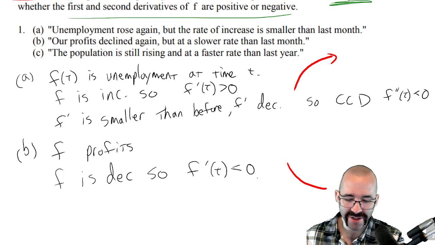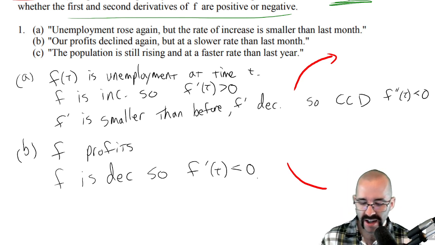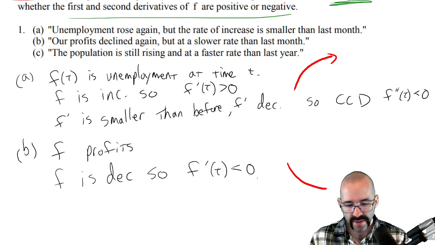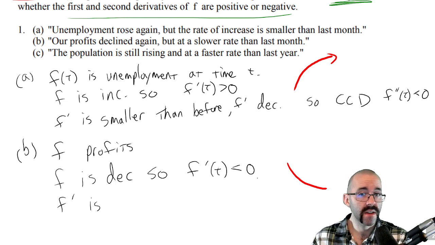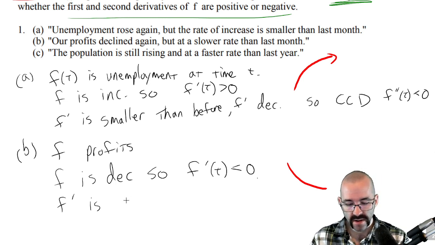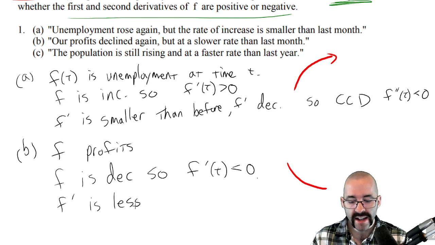That might not be helpful, actually. That's another way of looking at it. So again, f prime is actually bigger than it used to be. It's less negative than before.